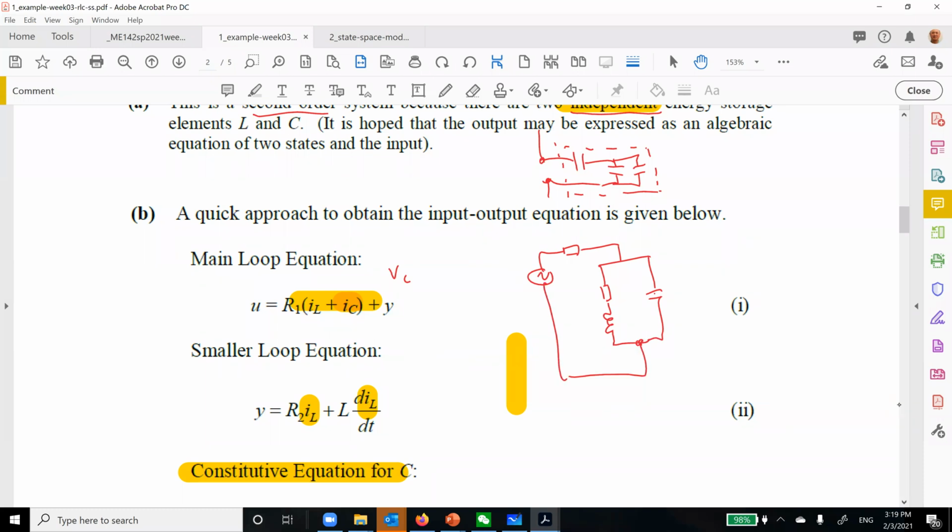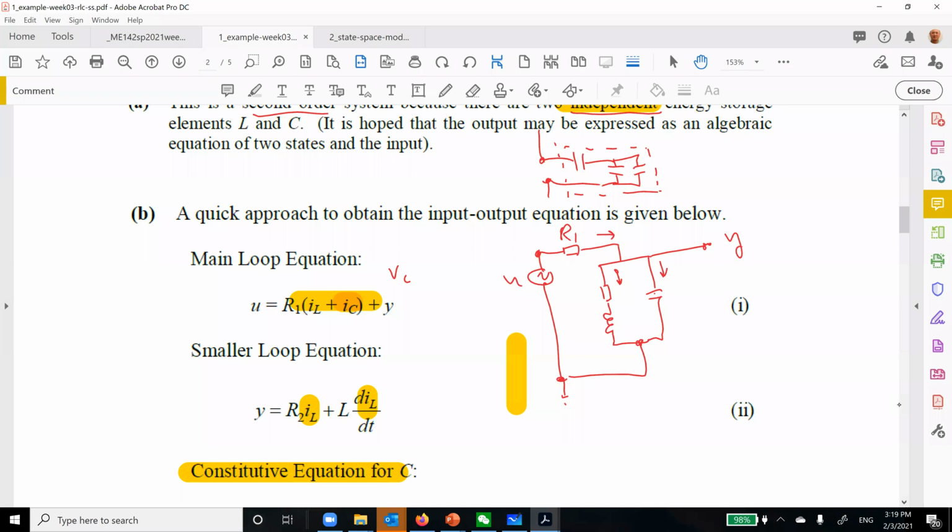So this is my U, from here to here, my U, and this is my Y, the voltage, okay? So U equals Y plus this R1 times the current in here. So this is IC, this is IL, okay? That's it.